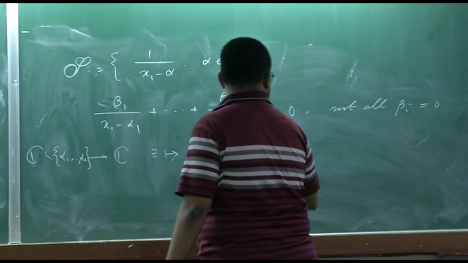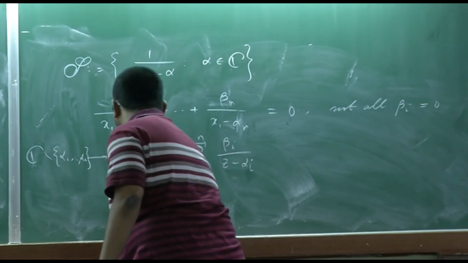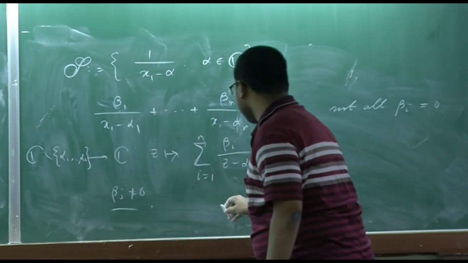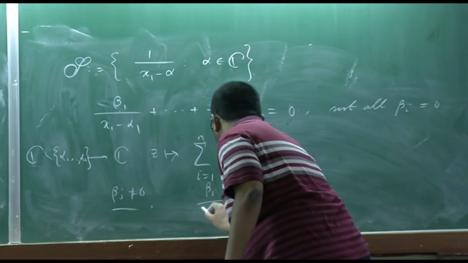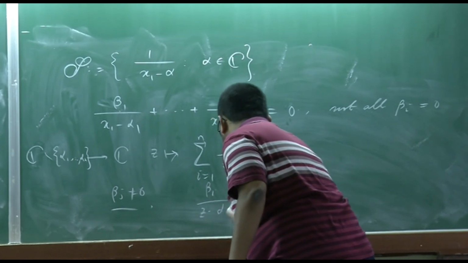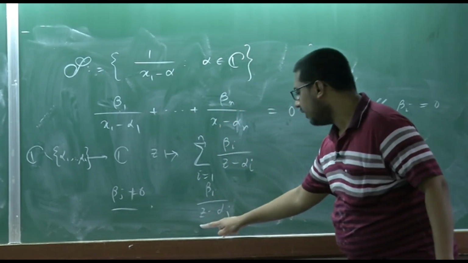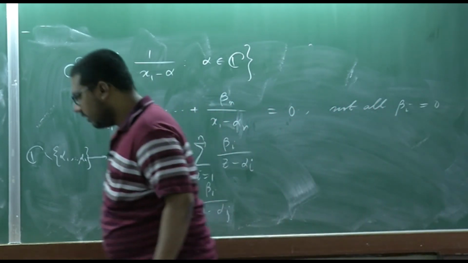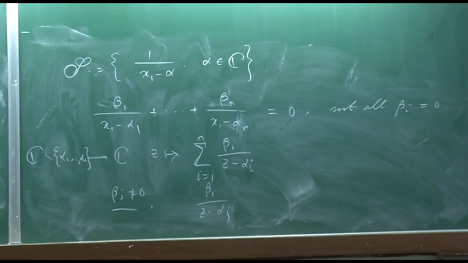Let us say not all b_i are 0, so there is some b_j which is non-zero. I am just giving you the main idea of the argument; it is obvious, and you can complete the rest.